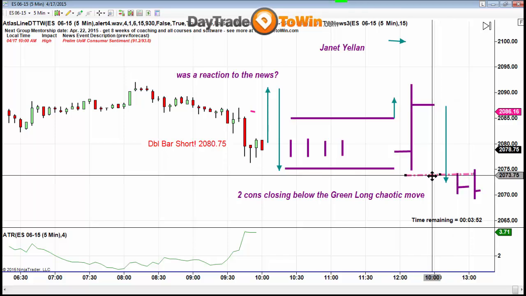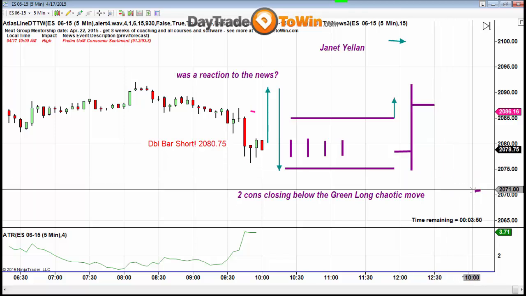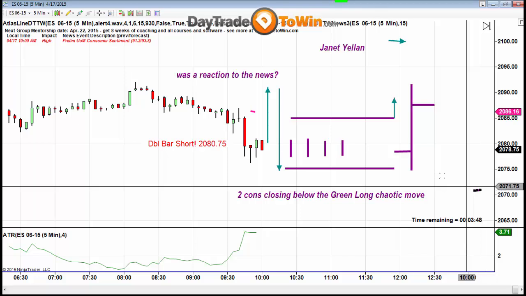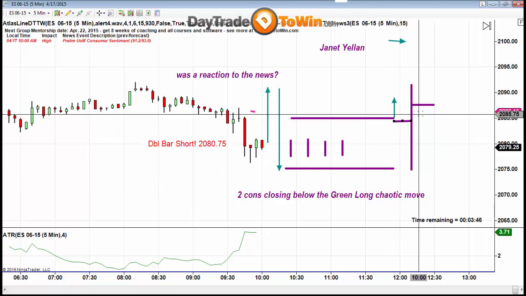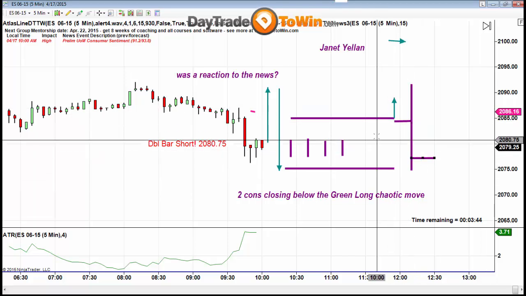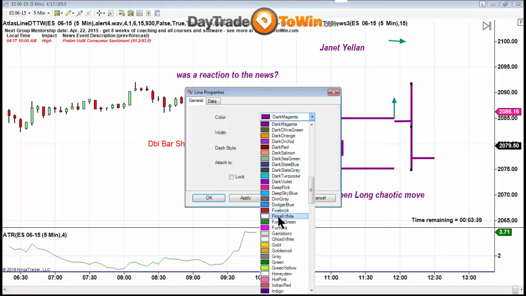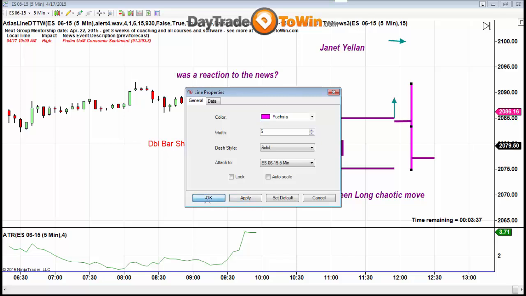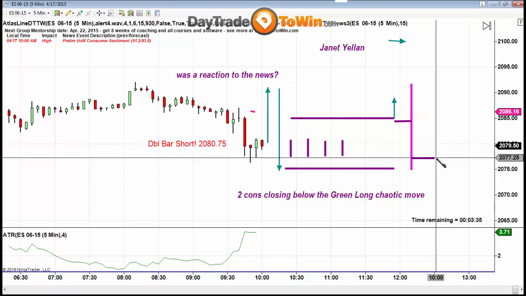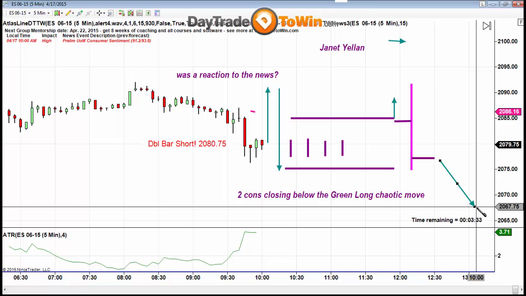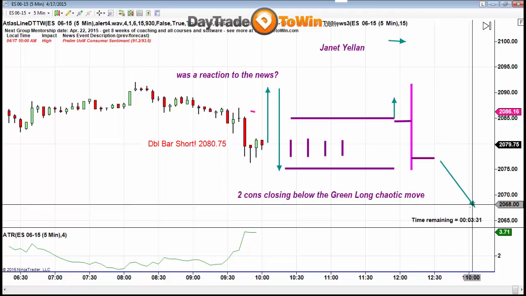All right, now, if this reaction candle happens to be the opposite, let's say that it's a short candle and everyone sold the news because it was really bad news, right? If it's really bad news, you would assume that the market will continue lower.